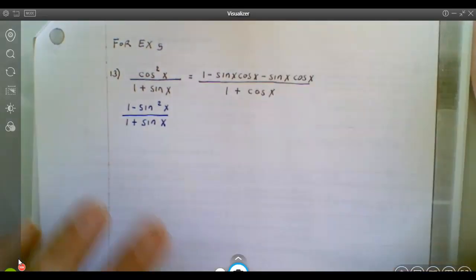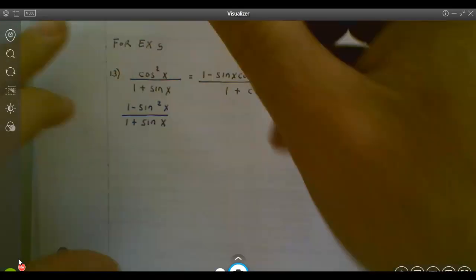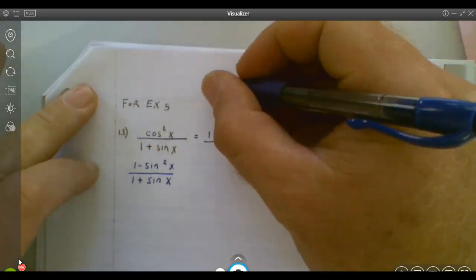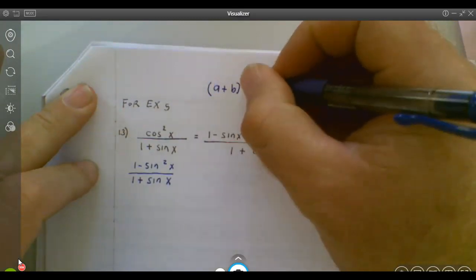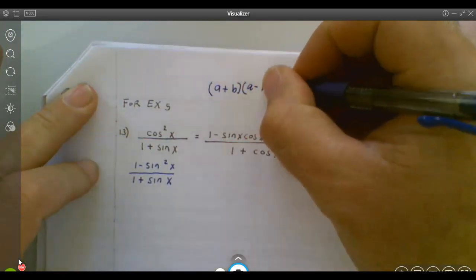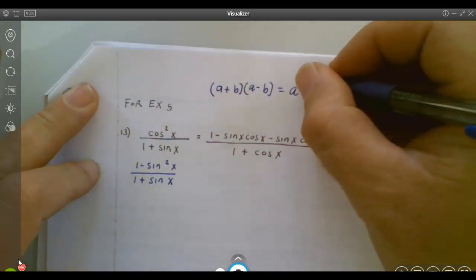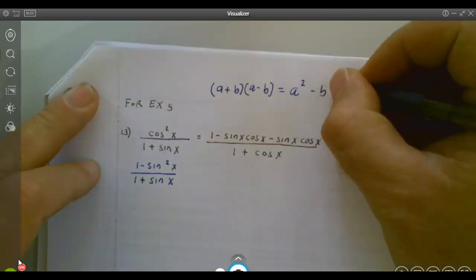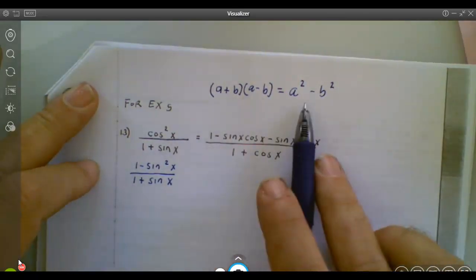On top, when I look at 1 minus sine squared, we recognize that that is a difference of two squares. So it's the opposite of conjugates from what we were just talking about in a previous example. Remember, when you multiply conjugates together, you get a difference of two squares. Looks like this. So in the problem that we did before, we were here and this was the result.